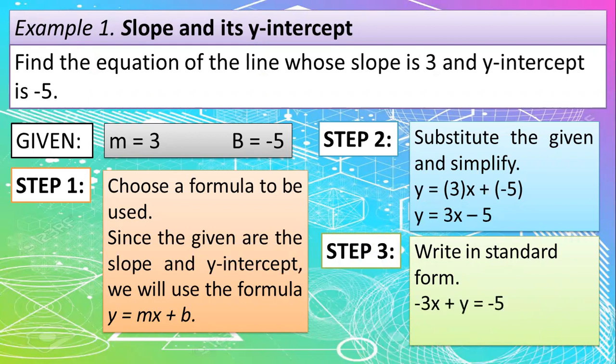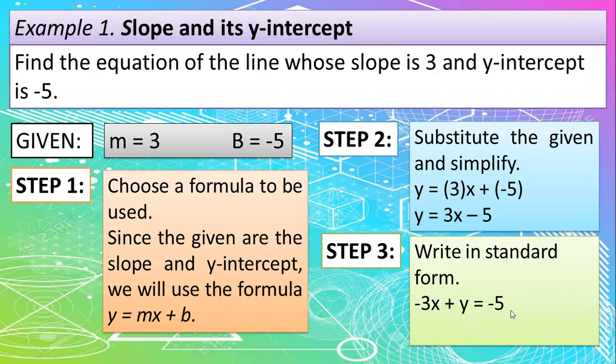We all know that the standard form is ax plus by is equal to c. So again, we can change this by using the APE or the transposition method. So, lipat lang natin si 3x, change the position, so the sign will be changed. So, from positive 3x, it became -3x, then copy plus y is equal to -5.